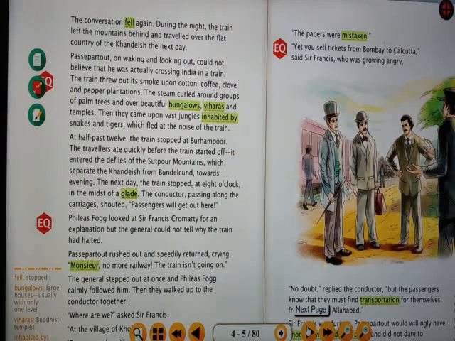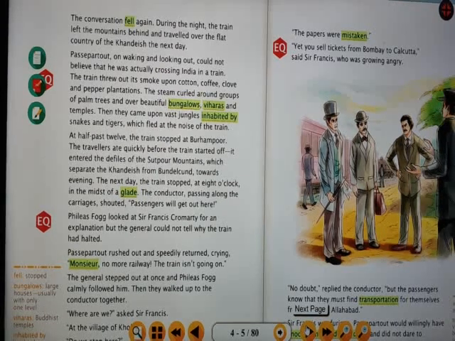Before that, let's revise what we have learned. I hope you understand the story well, right? Can you summarize what we have learned today? Yes. Now I will tell you what we have learned today. You know that Phileas Fogg and his friend Passepartout started a journey from Mumbai to travel around the world.